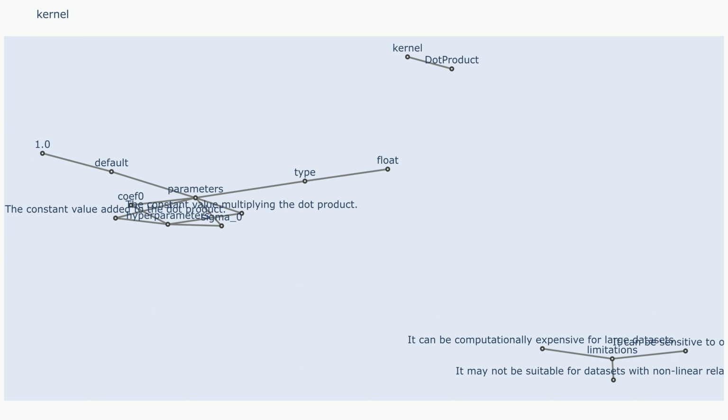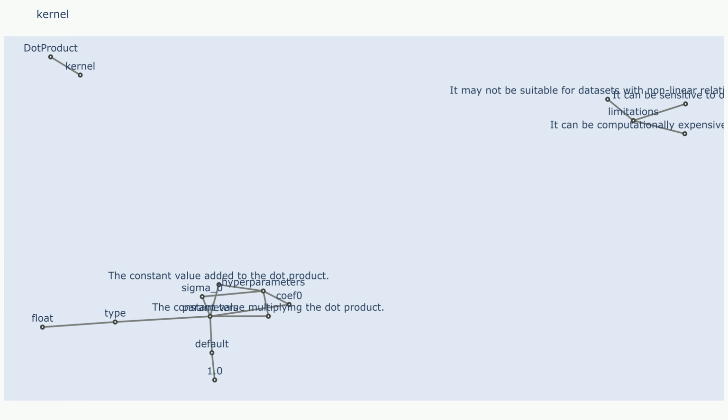This YAML snippet defines the dot product kernel with its default hyperparameters. You can modify these values based on your specific data and modeling requirements.